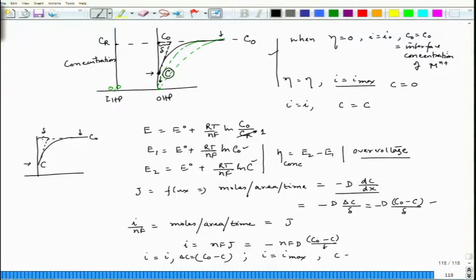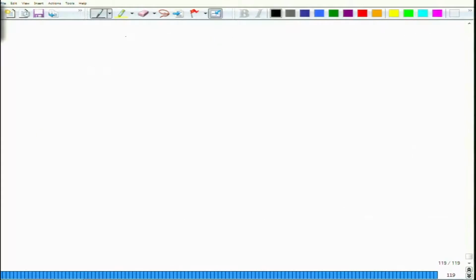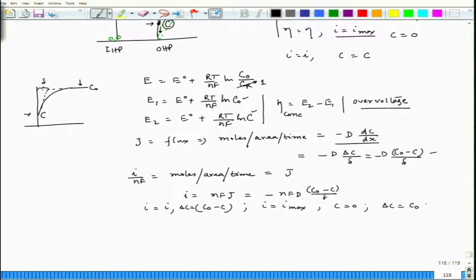At that situation, the concentration at OHP should be 0. So, then C equal to 0 or del C would be equal to C 0. So, in those situations, let us continue from here. Now, then I can write I max equal to minus nFD C 0 by delta.